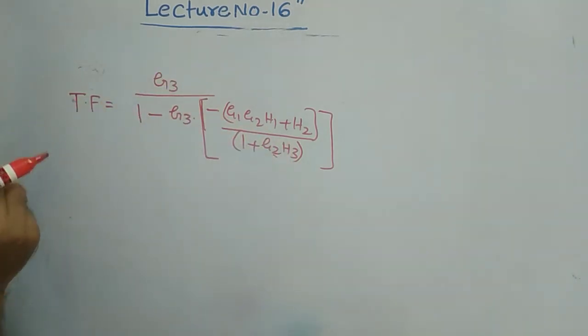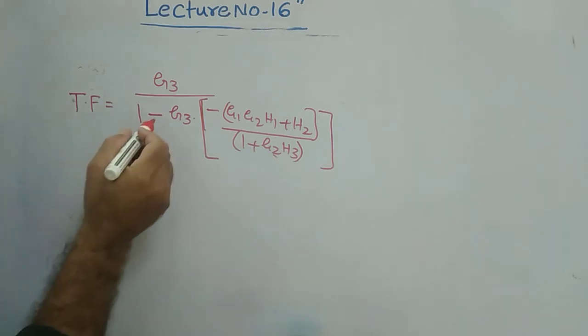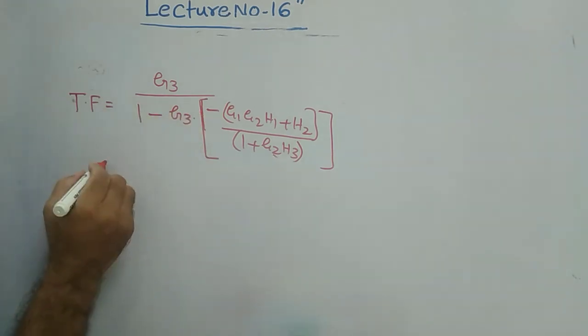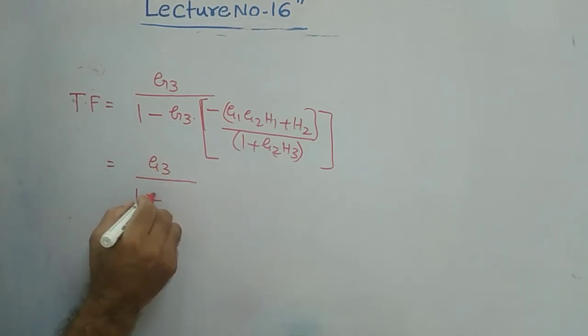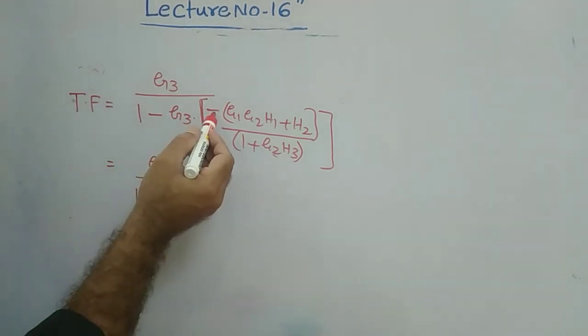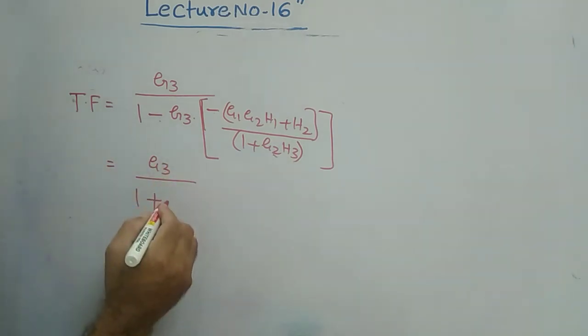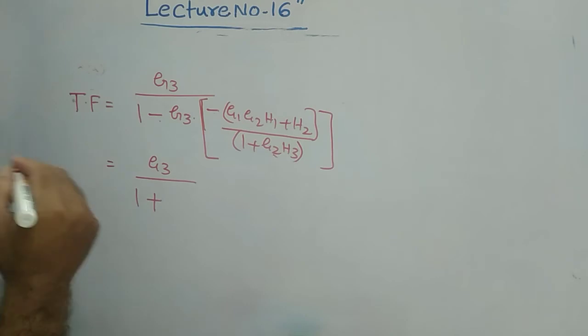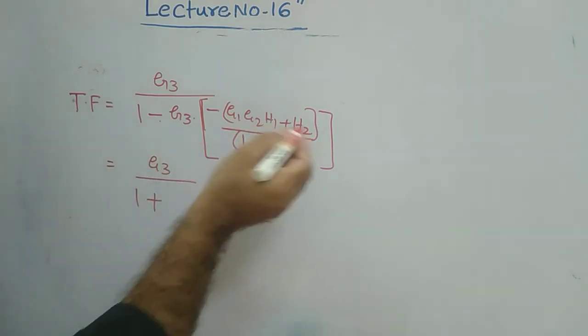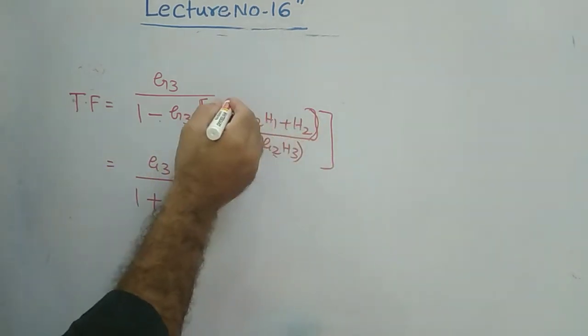Therefore, what will be your answer? Now, if you see minus into minus is plus, so what will you have? G3 by 1 plus, basically, because minus into minus is plus only. Then this G3 will be multiplied with this one.